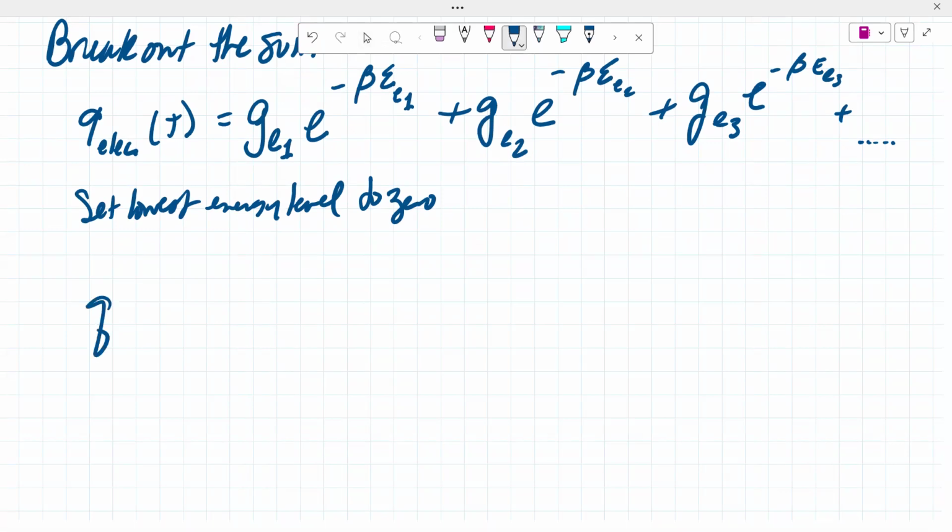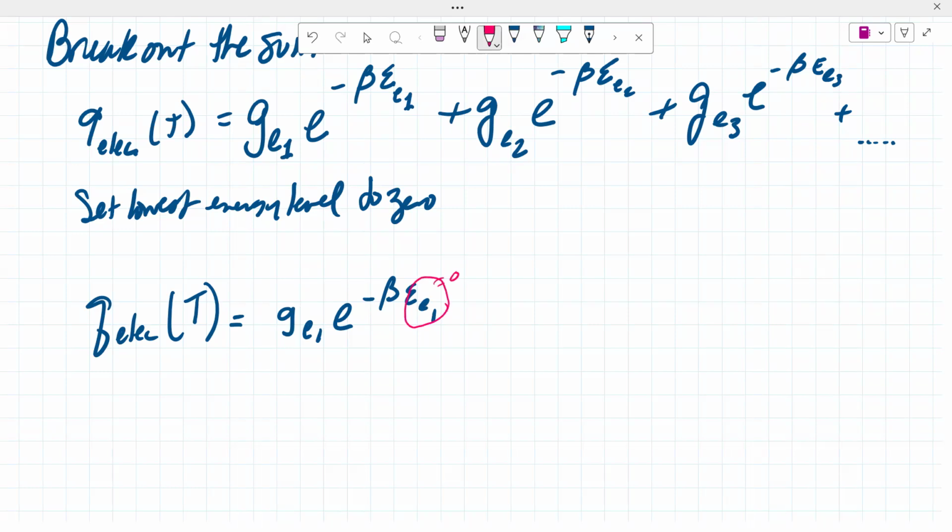So now we have Q electronic of T equals g1 e to the negative beta E1, right? So this term equals 0. So that means this whole thing, anything to the 0 power is 1.